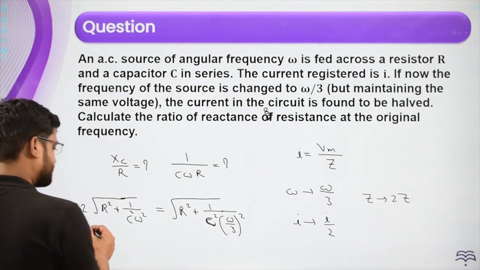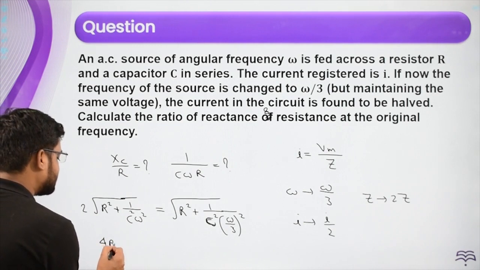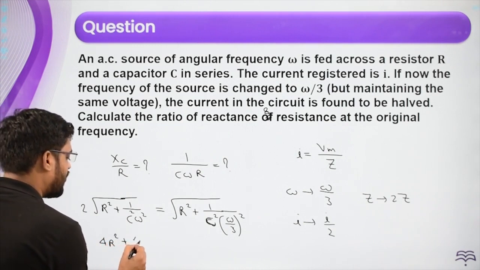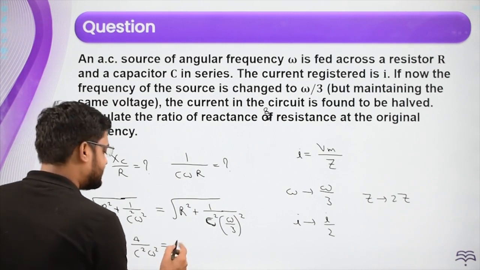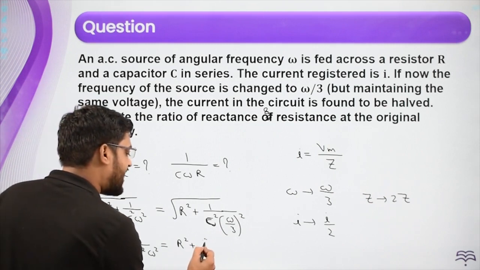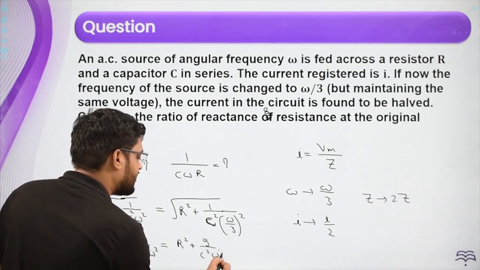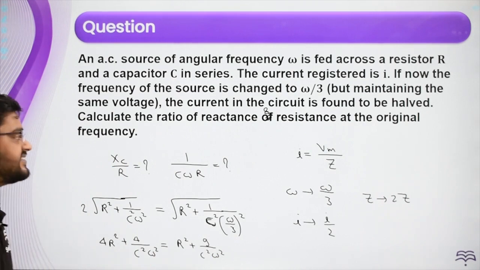Now let us solve it. First I am squaring it. So it is 4 times R square plus 4 by C square omega square, is equal to R square plus 9 by C square omega square. So 3R square is equal to 5 by C square omega square.